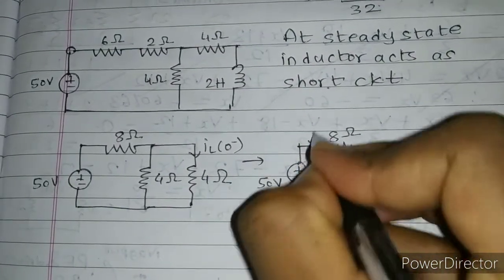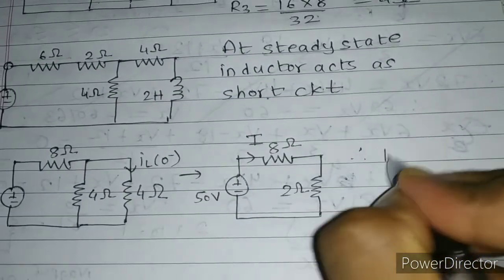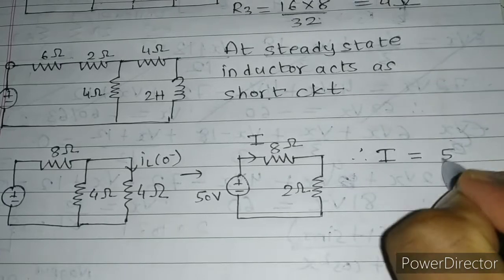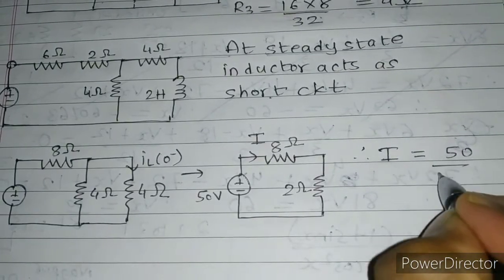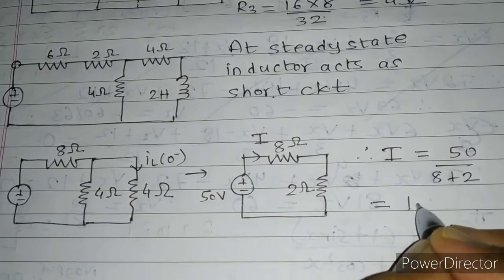So let the current be I through the circuit. Hence I will be 50 upon 8 plus 2, that is 50 upon 10, which is 5 ampere.